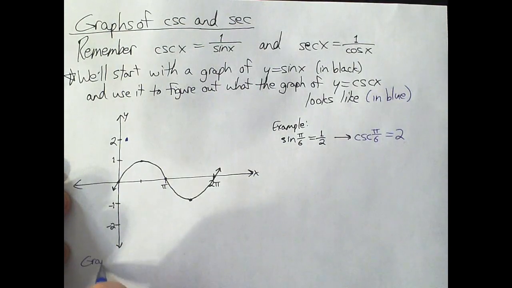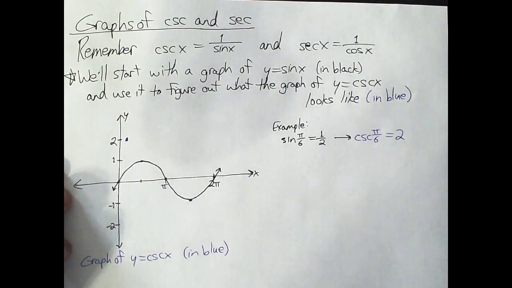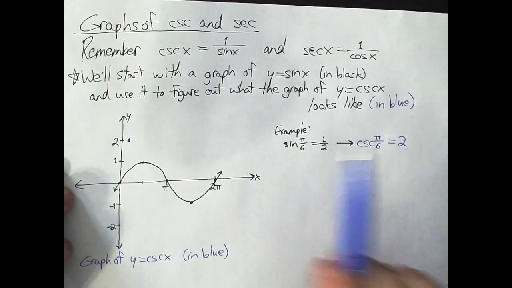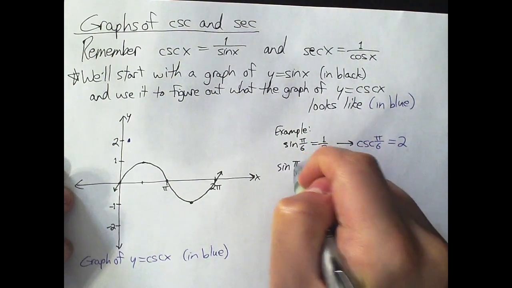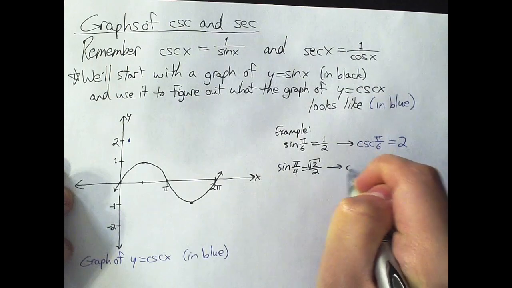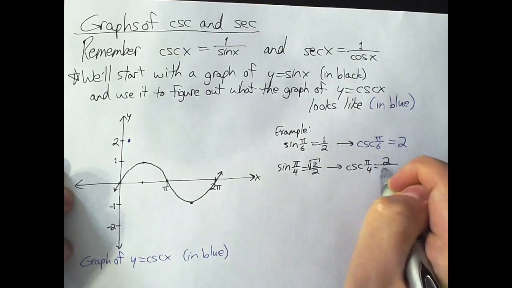This is going to be a graph of y equals cosecant x in blue, with sine x on the picture as a guide to help us. All right, that was 1 point. Let's do another. How about sine of pi over 4? Sine of pi over 4 is the square root of 2 over 2. So cosecant of pi over 4 must be 2 over the root of 2.